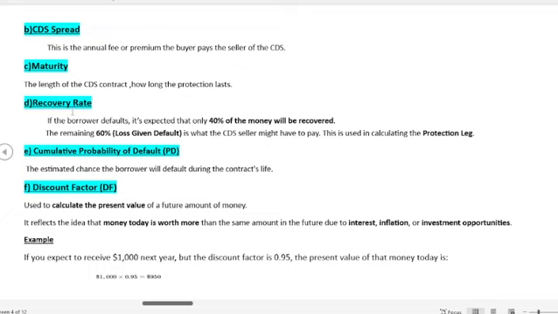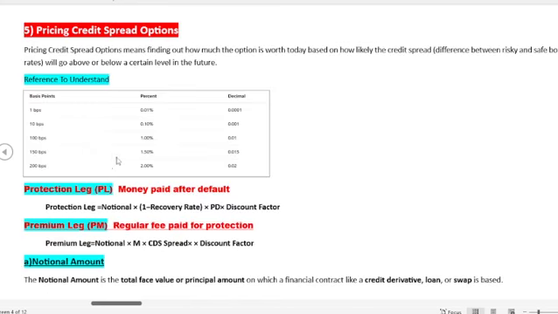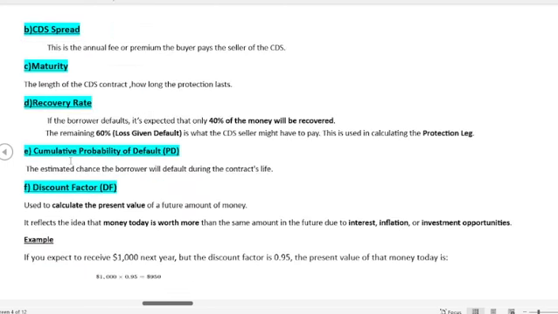Now talking about the recovery rate. So where is the recovery rate? Over here: notional into 1 minus recovery rate. What does the recovery rate show us? If the borrower defaults, it is expected that only 40% of the money will be recovered.